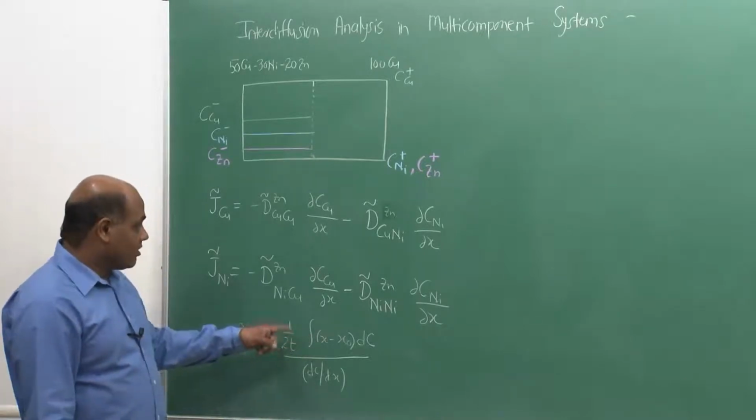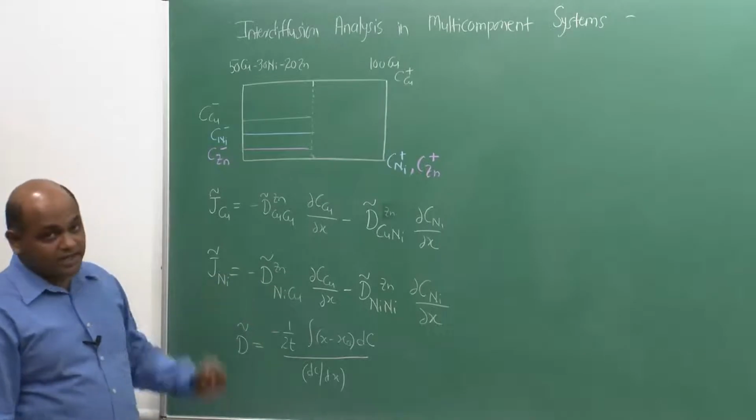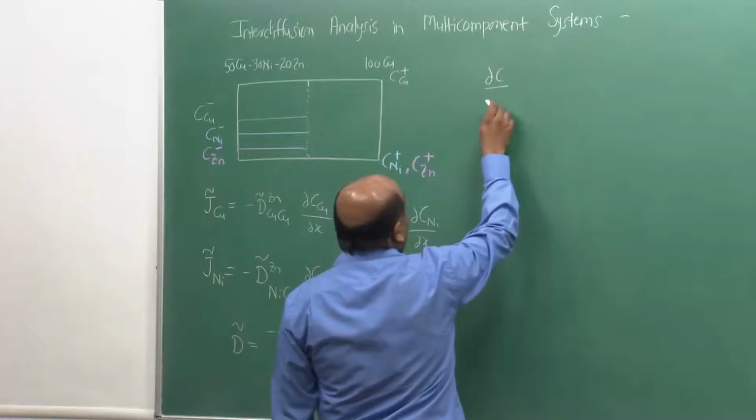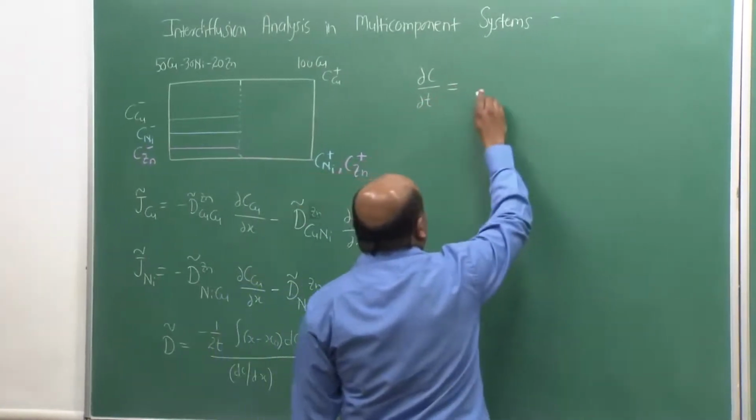How do we go about finding interdiffusion coefficients in ternary? Because if we apply the continuity equation, it is not as simple as for binary, because now it is a coupled equation.